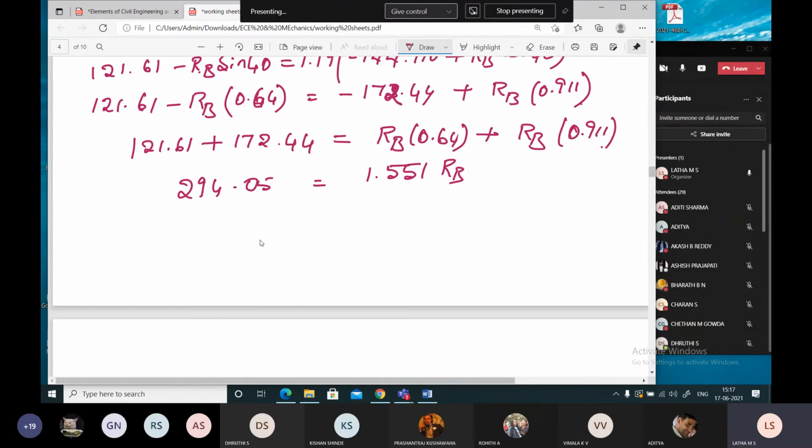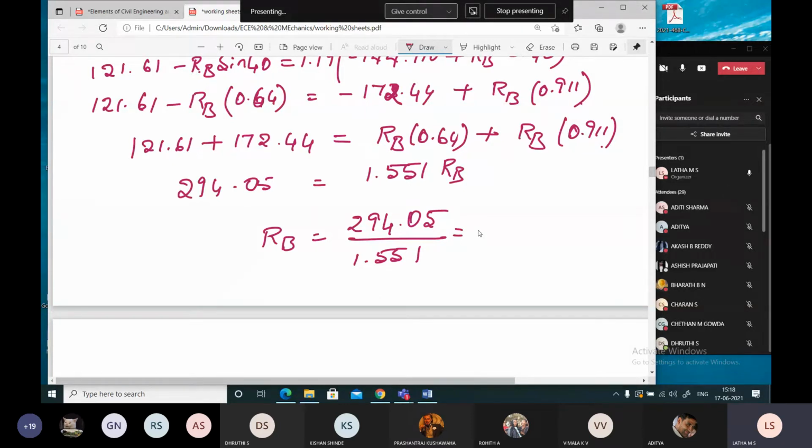Therefore, RB is equal to 294.05 divided by 1.551. What is this value? 189.58.